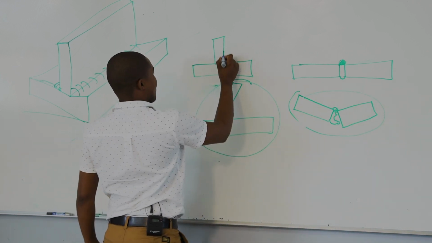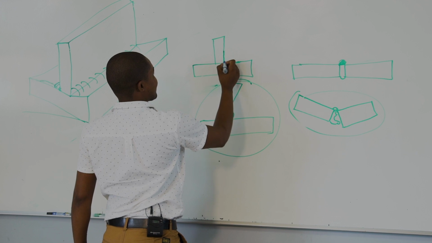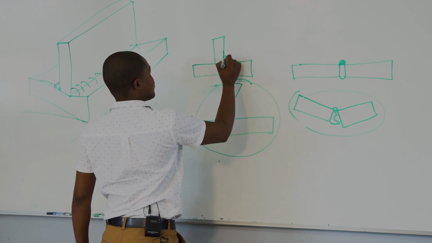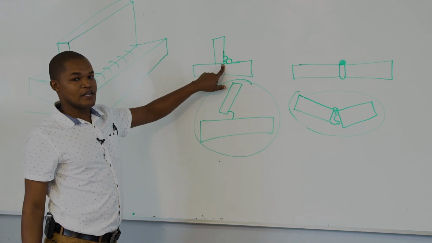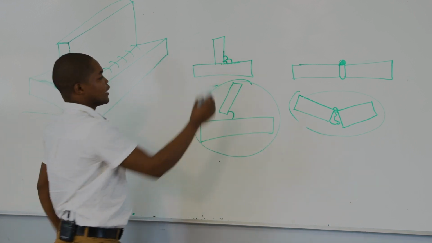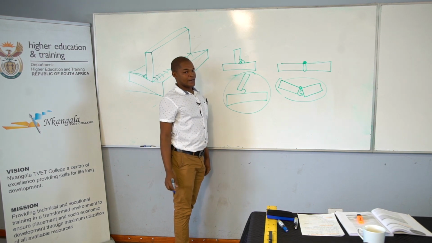They asked you to weld the workpiece on the WPS, and you put 3 runs when they have asked you to put only 1 run. So this means now it's over welding.